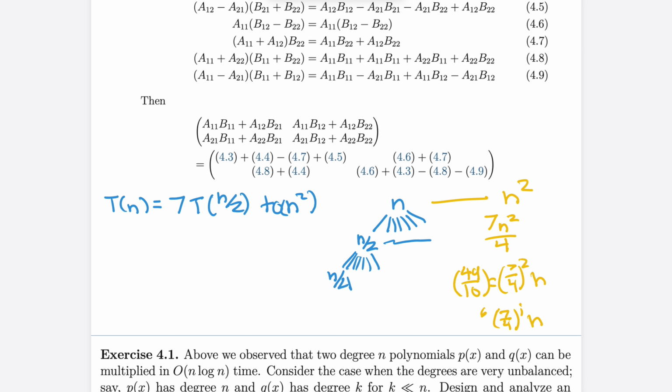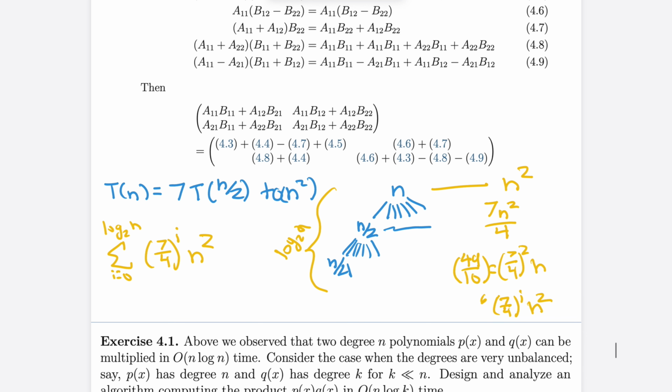How tall is the tree? Log base 2 of n. All right, so we get some summation that looks like the sum of 7 over 4 to the i times n squared.